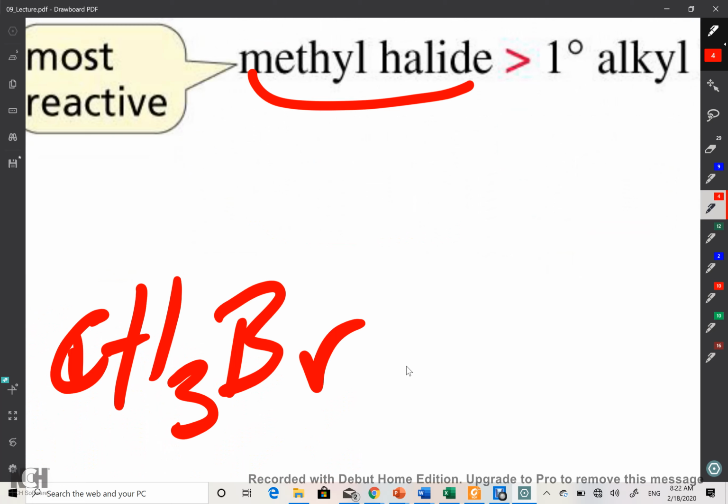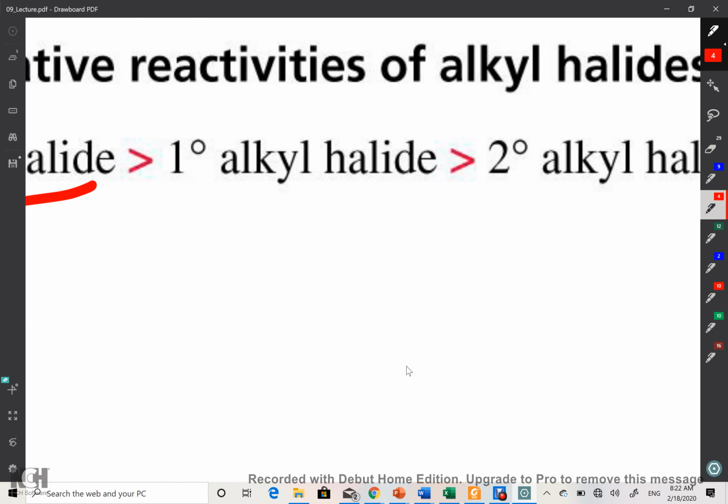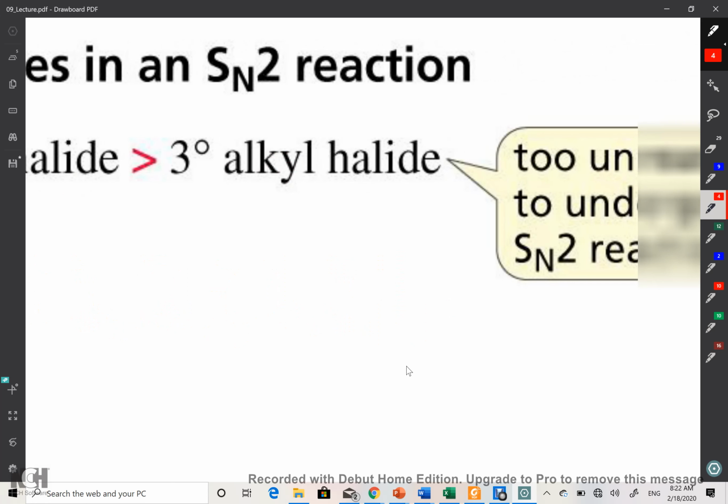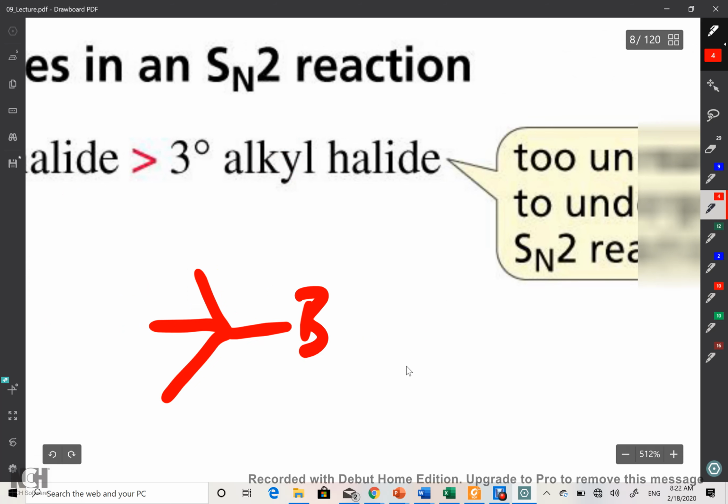So it reacts through the SN2, followed by the primary alkyl halide. An example of a primary alkyl halide is CH3CH2Br. Then you have secondary and tertiary alkyl halides. Tertiary alkyl halides technically do not undergo SN2. That's an example of a tertiary alkyl halide, because the bromine is connected to a tertiary carbon.